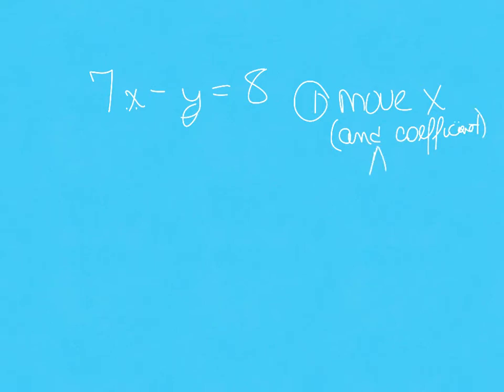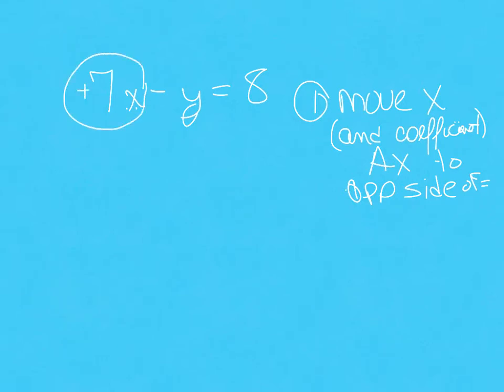In other words, Ax, to the opposite side of the equals. Okay? All right, so we're going to take the whole thing. There's nothing in front of it, so it means it's a plus 7x. So we're going to move it to the other side. When we do that, we do the opposite. So the minus y is still here.